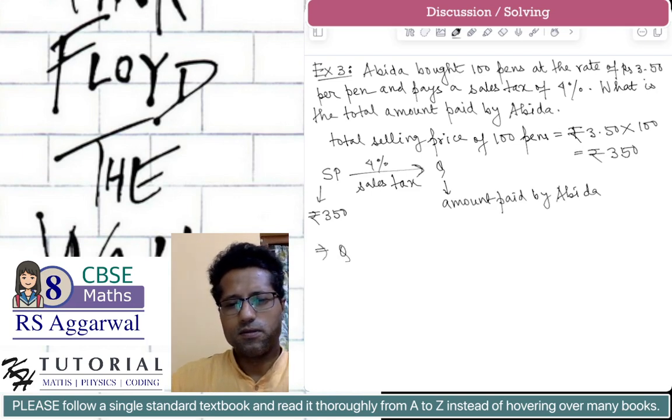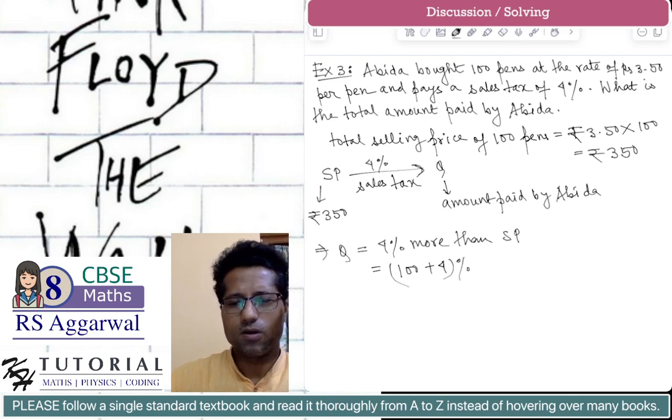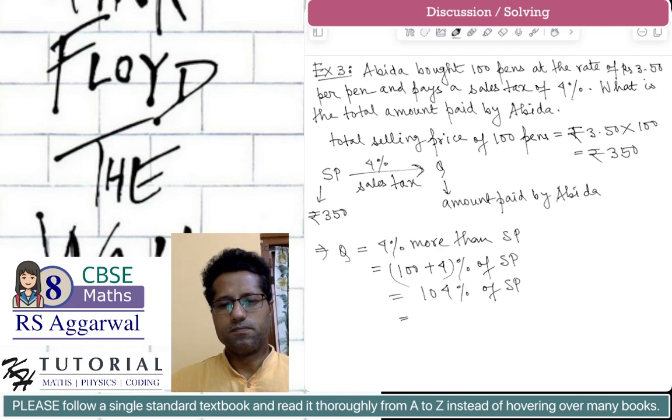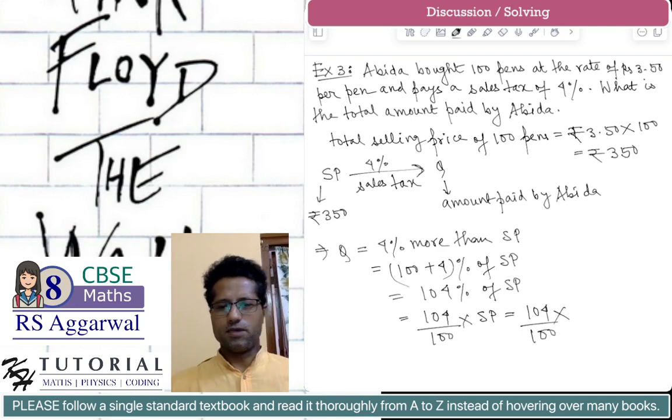So we can say Q is nothing but 4% more than SP, which is equal to 100 plus 4% of SP, which is equal to 104% of SP, which is equal to 104 divided by 100 multiplied by SP, which is 350.